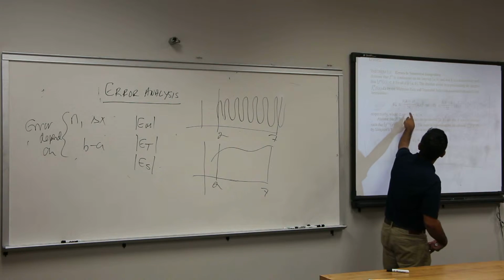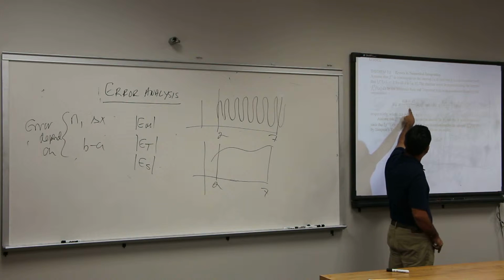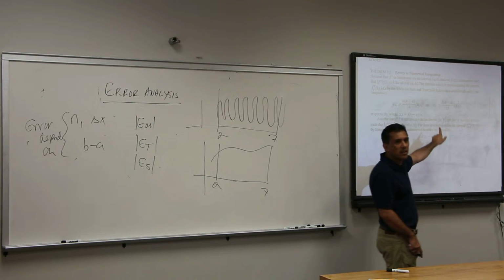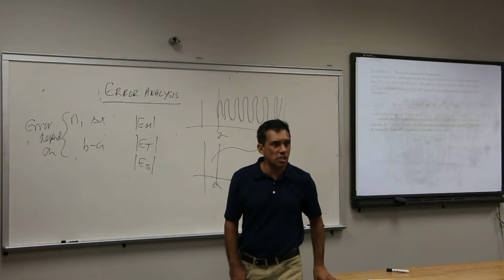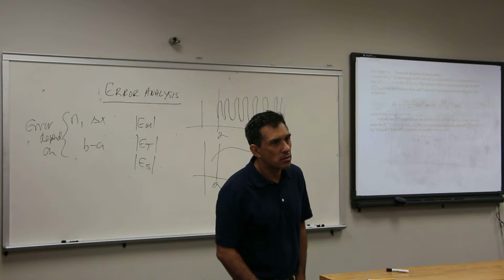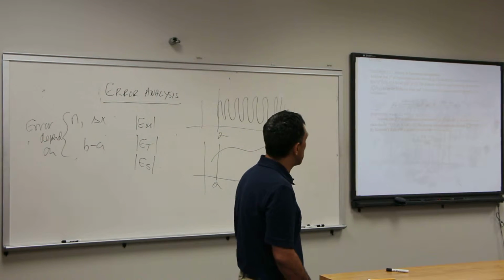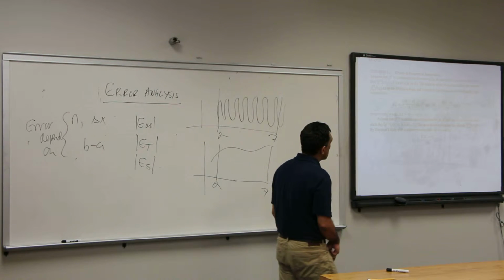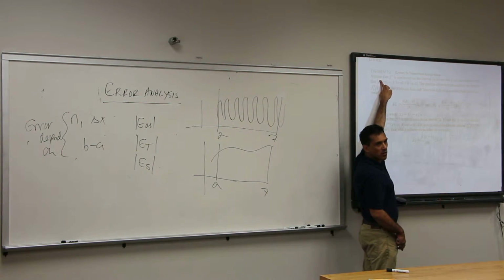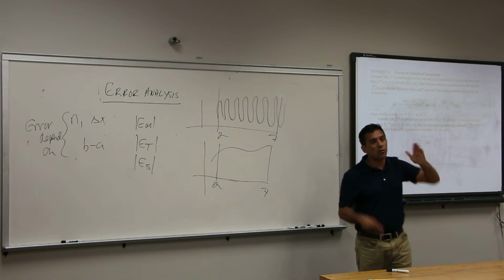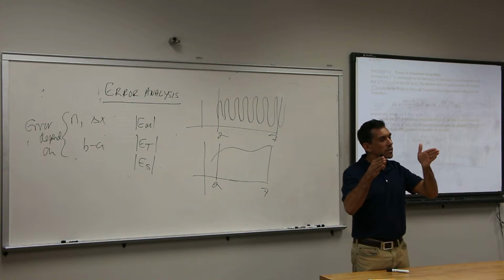Divided by 24 and some constant k. This constant k is a measure of how fast your function is changing. And it is the maximum of the second derivative of your function over the interval you are integrating.